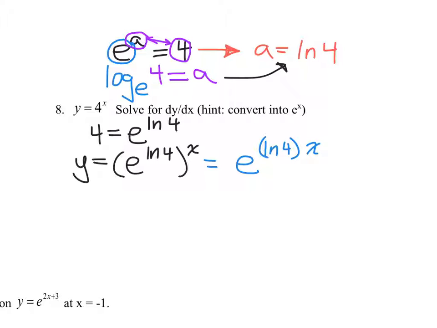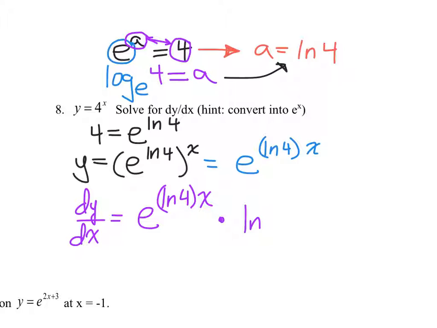All right, ln of 4 is just a number. So when I take the derivative of this, dy dx would be e to the ln of 4 times x times the derivative of the exponent, ln of 4. Now we do know, because we came up with this, that e to the ln of 4 times x is the same as 4 to the x.